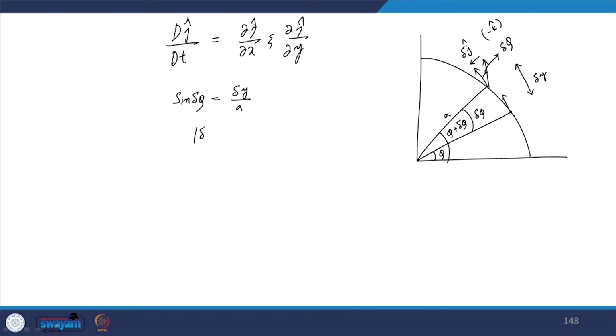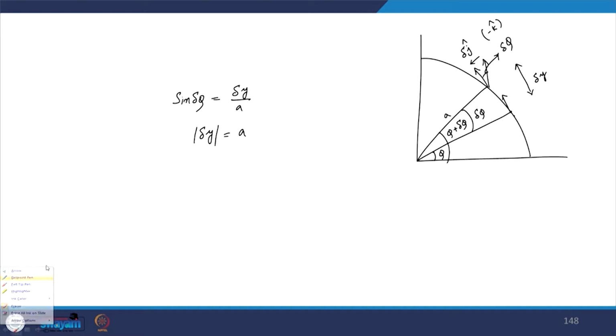So the magnitude of delta y becomes a delta phi, and the magnitude of delta j equals delta phi, which implies we can write dou j cap by dou y is simply minus 1 by a, and the direction is k.